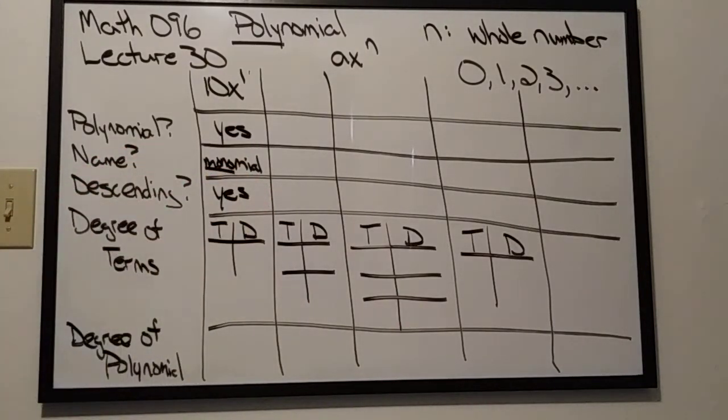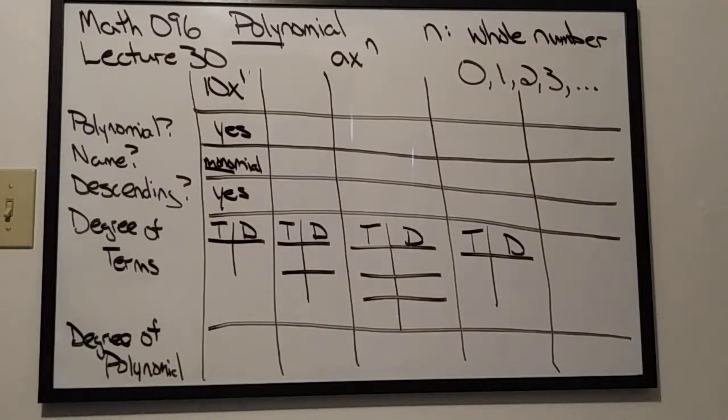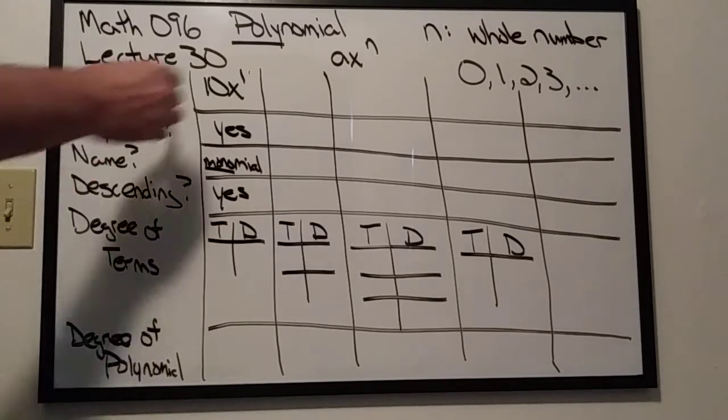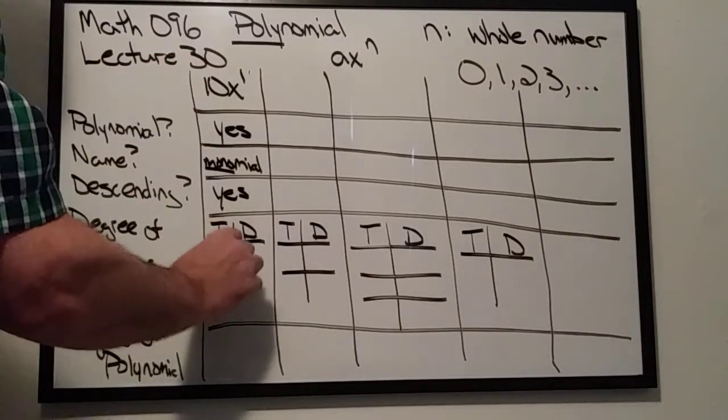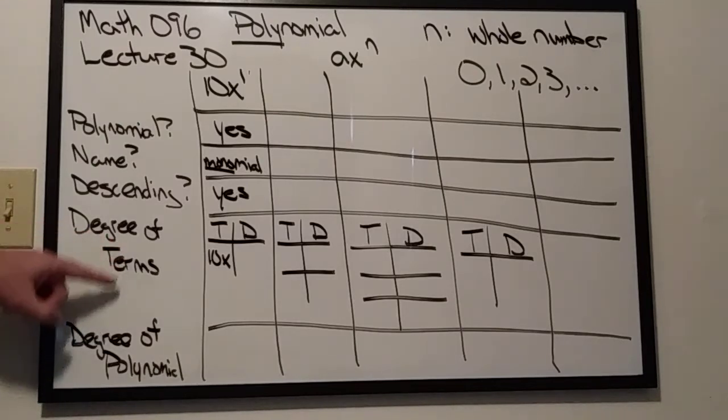Next, we have to figure out the degree of our terms. You'll notice that I've given you subtables for this one. I have a table here on the board, and I'm just putting abbreviations T and D, T for the term. Well, our term is 10x there. And then we've seen over on the left-hand side that there's actually a definition over here.